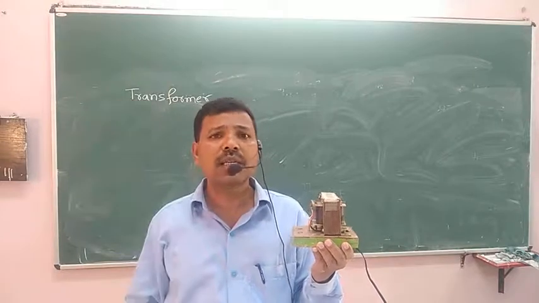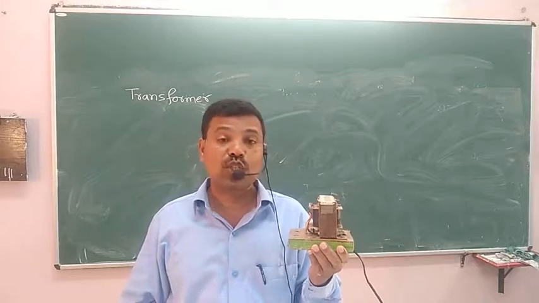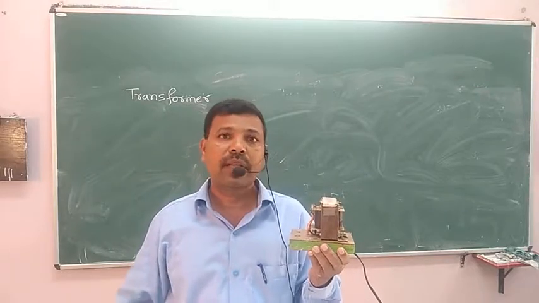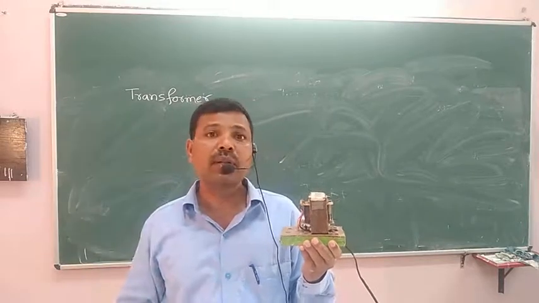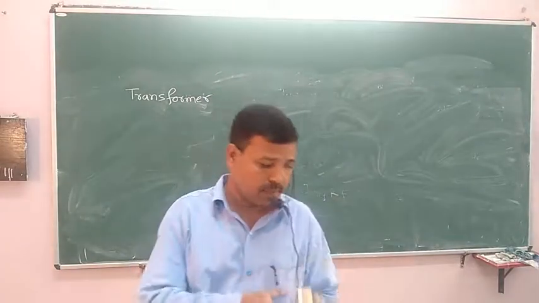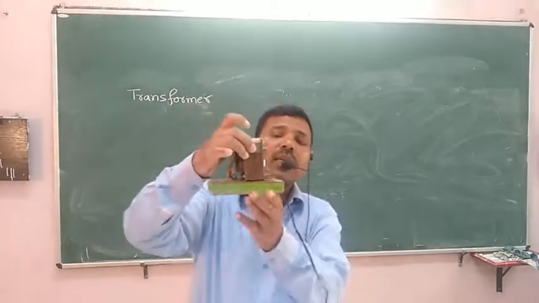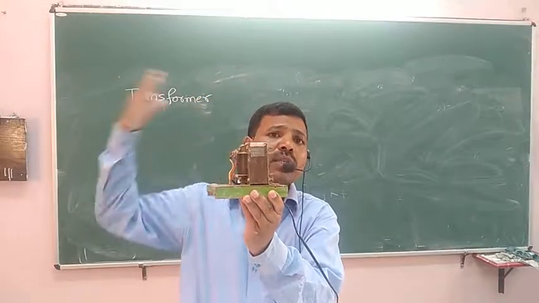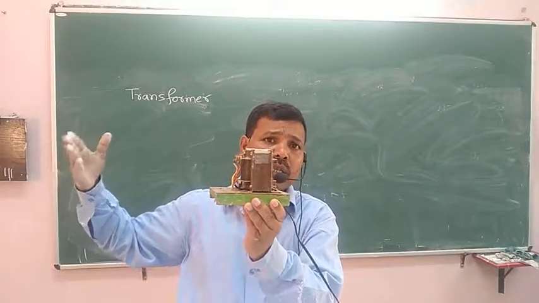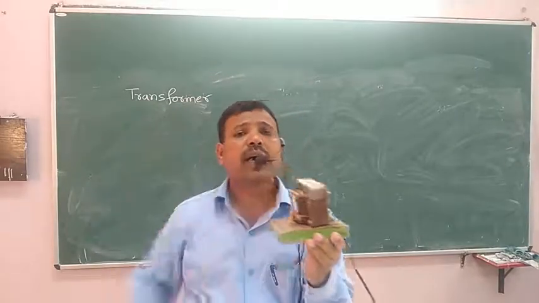But near the generating station, there is one more transformer used, a step-up transformer, that converts 220 volt into 11,000 volt. So a transformer is basically a device which converts one AC voltage into another AC voltage, high AC to low AC or low AC to high AC voltage.